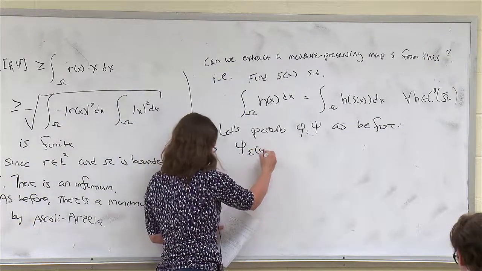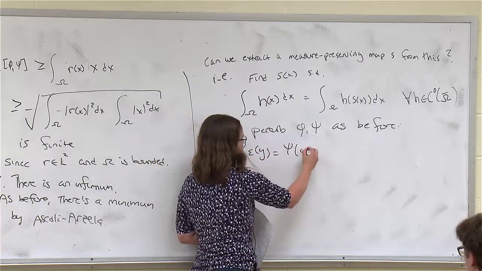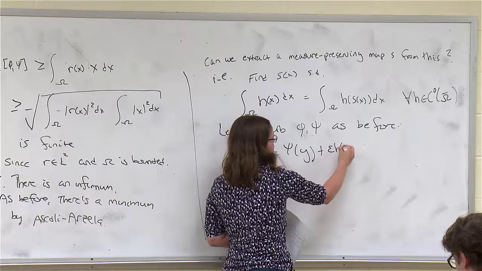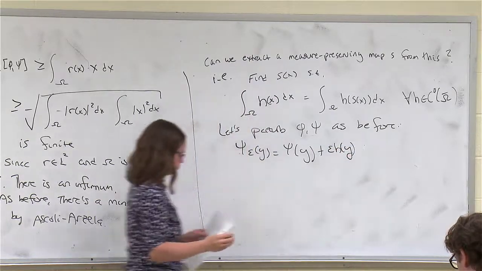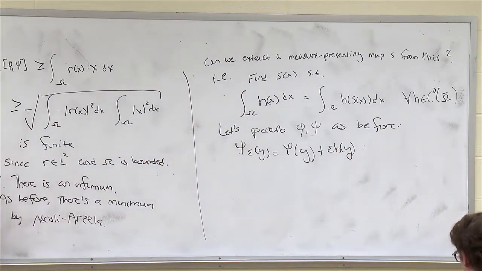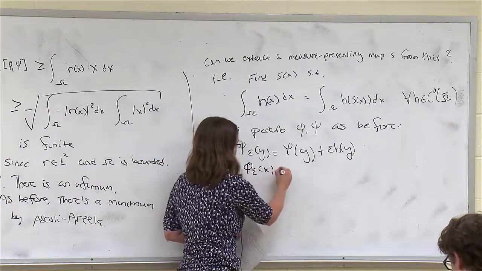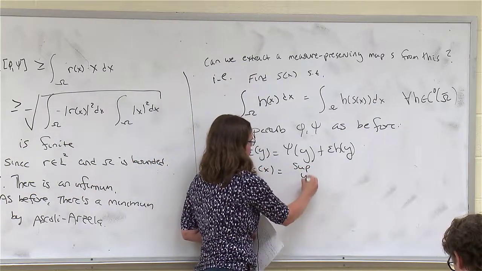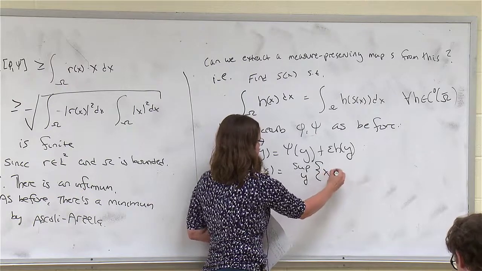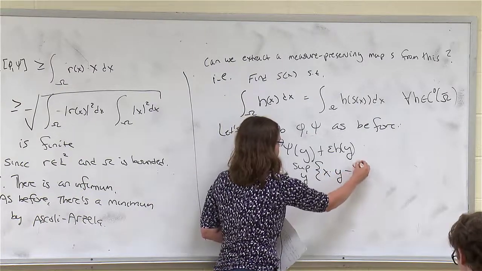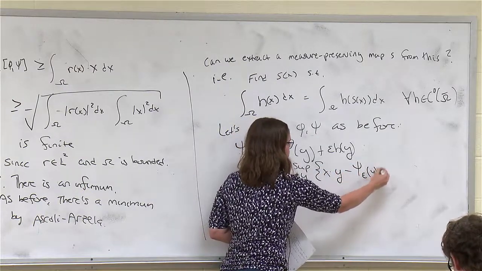So we had psi epsilon equal to psi of y plus epsilon h of y. And phi epsilon was going to be a Legendre transform of this guy. So phi epsilon of x is the supremum over all y of x dot y minus psi epsilon of y.